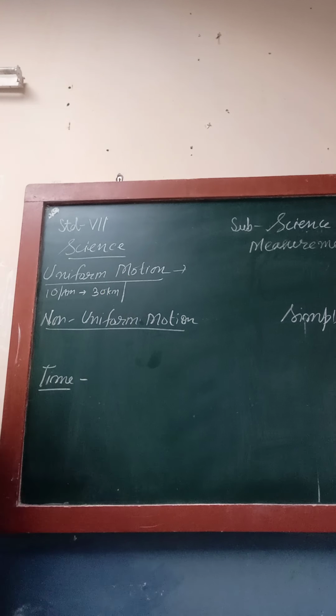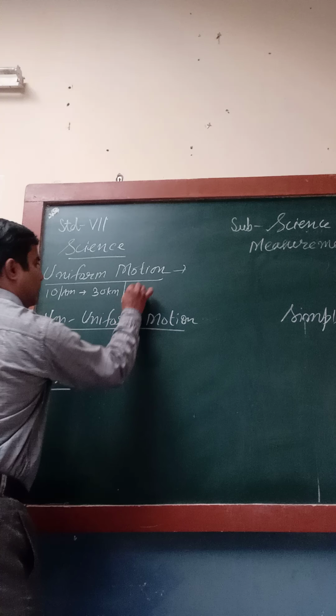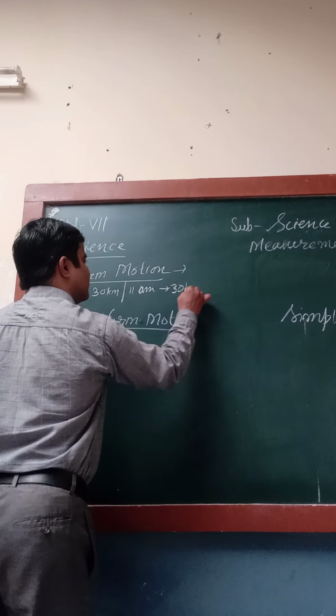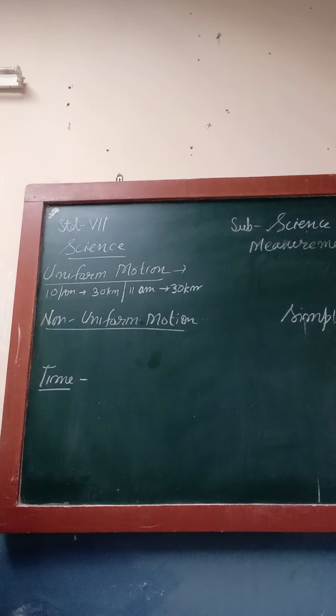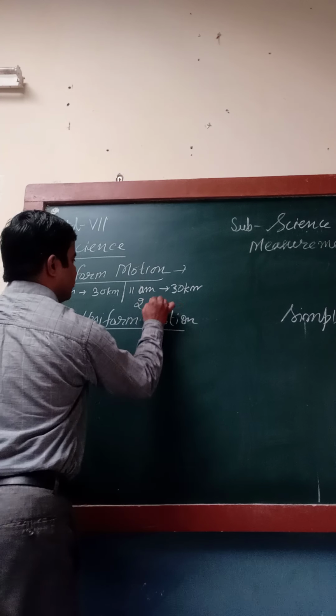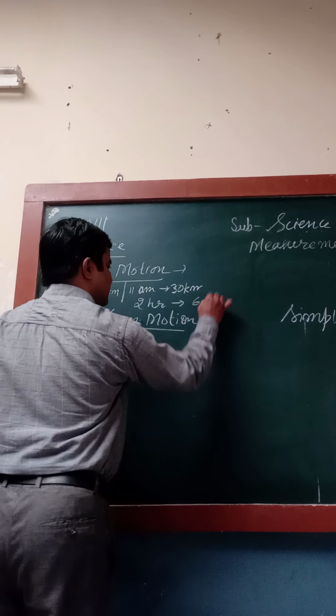Now in the next slot, at 11 a.m., it again traveled 30 kilometers. So within these 2 hours, the car has covered a distance of 60 kilometers. So here we have the time of 2 hours and the distance of 60 kilometers.